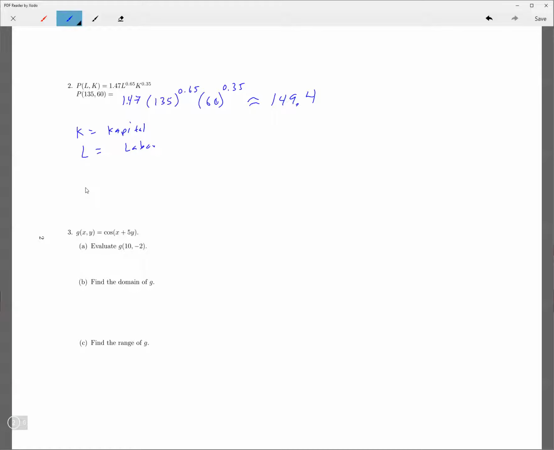So when the manufacturer invests 60 million, that's the next answer, in capital and 135,000 hours in labor completed yearly, the monetary value of the production is this.